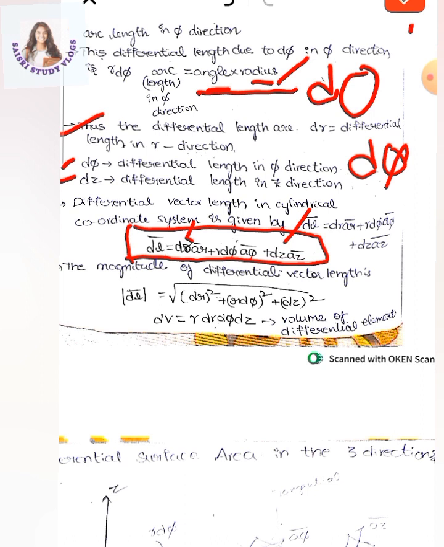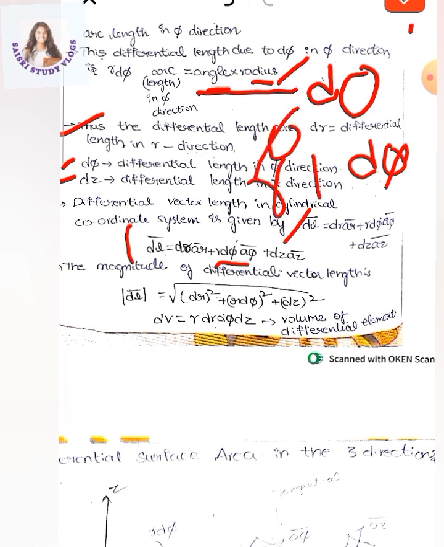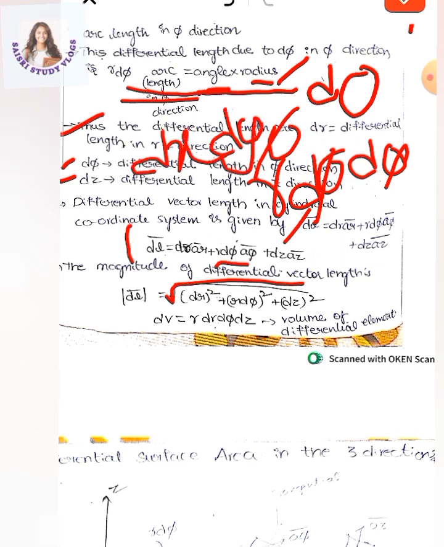One represents the magnitude and this unit vector represents the direction. And the other point is, in order to have the same dimensions like in the Cartesian plane, we have changed this phi into r d phi. So now in order to find the magnitude, we have to square the coefficients of the unit vectors, that is square root of dr square plus r d phi square plus dz square, and the volume will be... What is the volume in the Cartesian plane? dx, dy and dz.